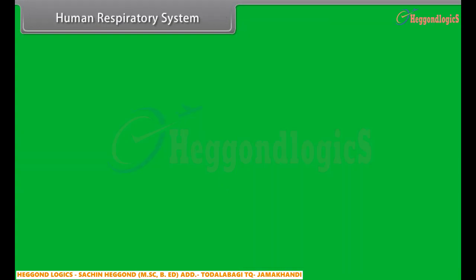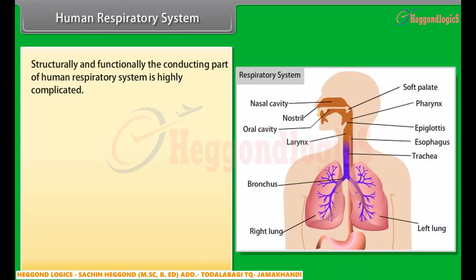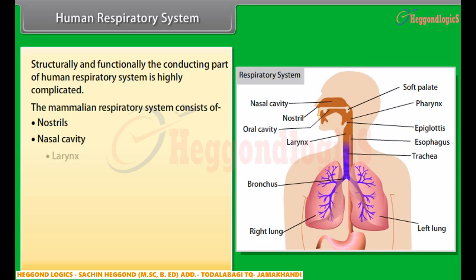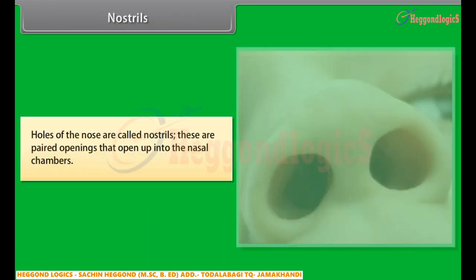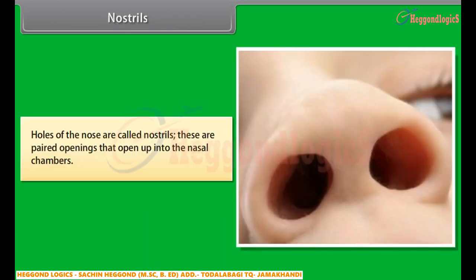Human respiratory system. Structurally and functionally, the conducting part of the human respiratory system is highly complicated. The mammalian respiratory system consists of nostrils, nasal cavity, larynx, trachea, bronchi, bronchiole, alveoli, lungs, diaphragm. Nostrils. Holes of the nose are called nostrils.